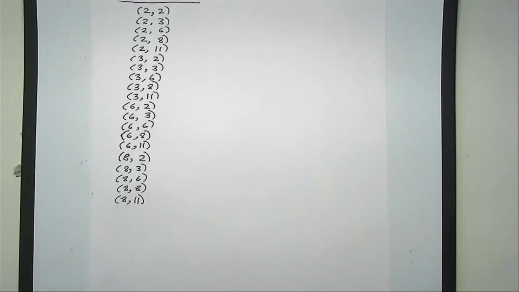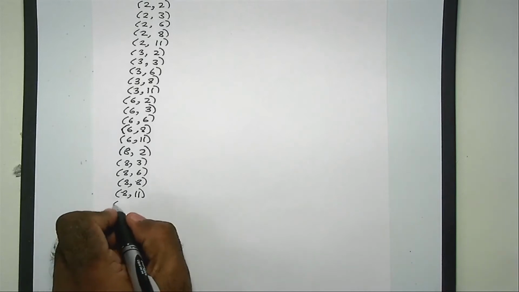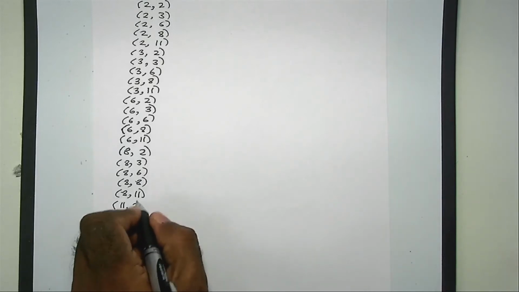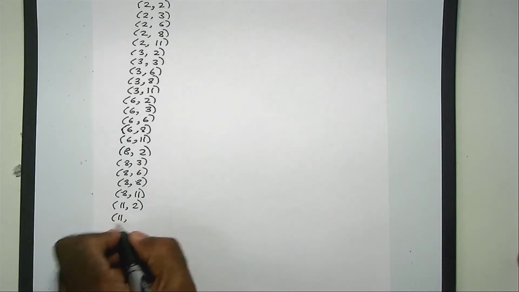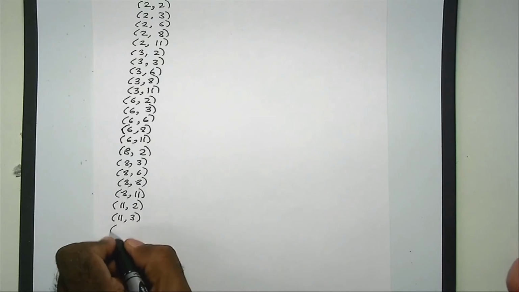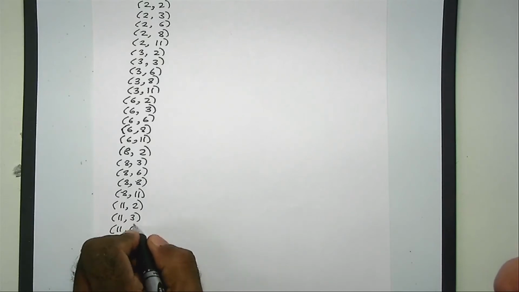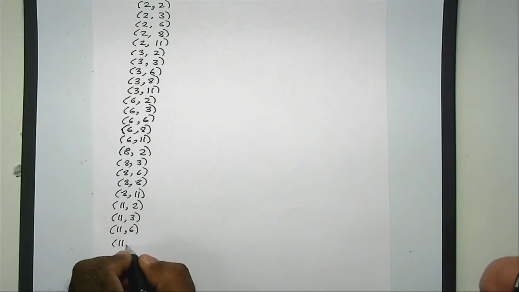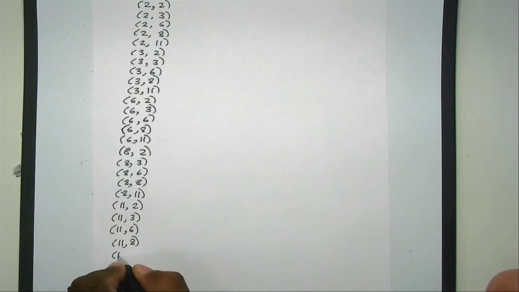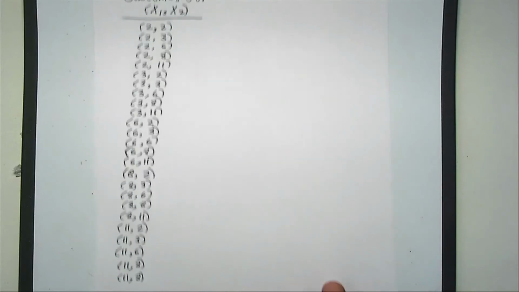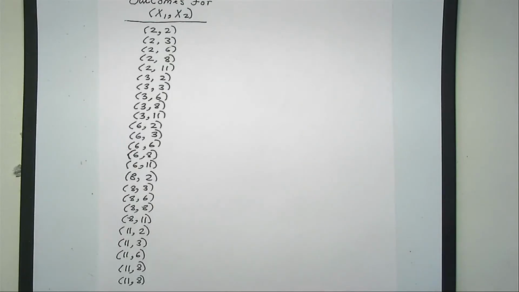Right, and next 11, 2, 11, 3, 11, 6, 11, 8, and 11, 11. So these are the possible outcomes of X1 and X2.